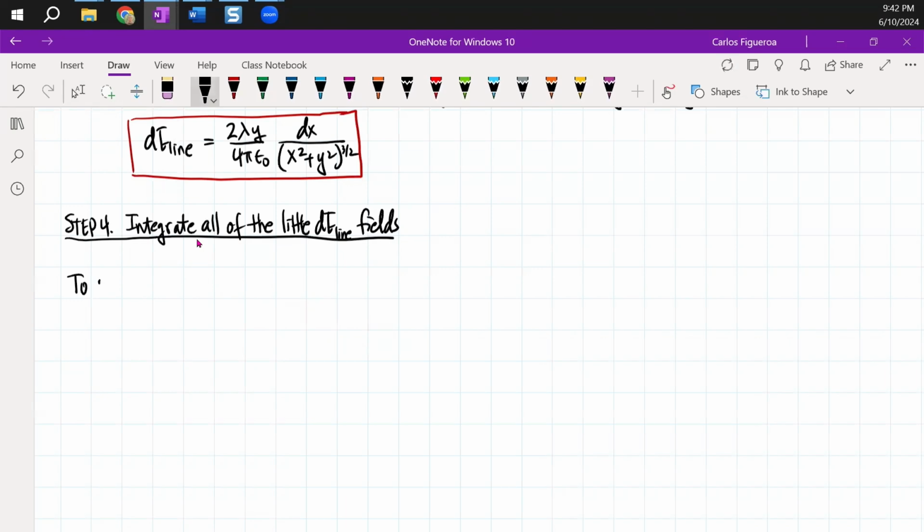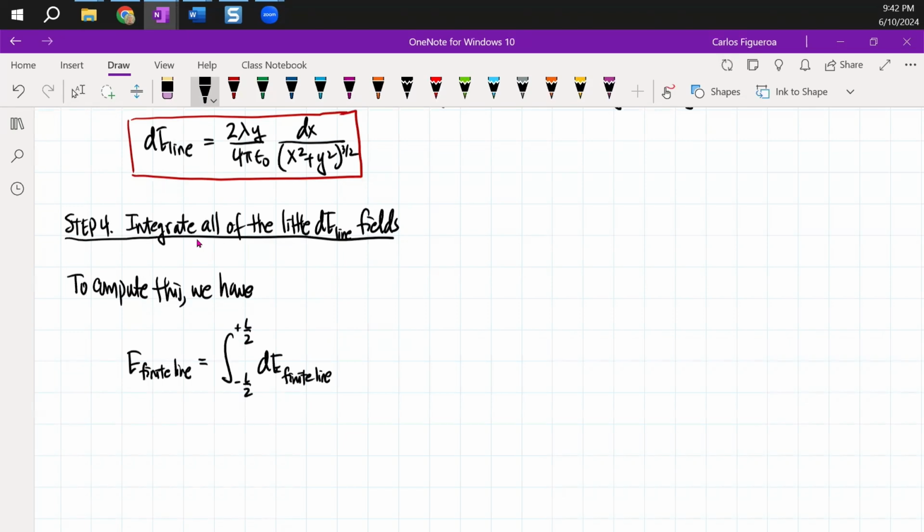To compute this, we have that the E of the finite line is equal to, from minus L over 2 to plus L over 2, of all of these little tiny fields.